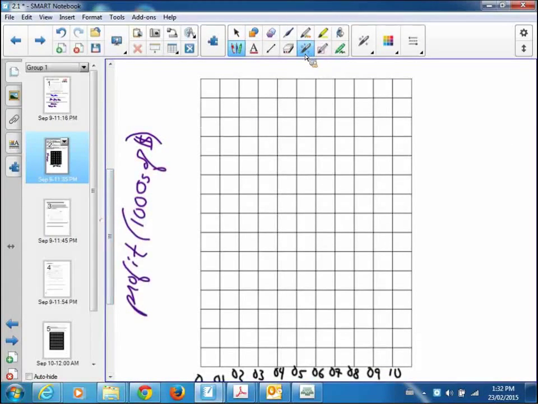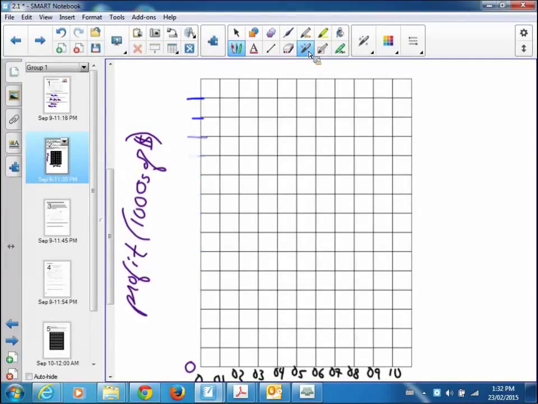If I start with 0 at the bottom, which makes sense, would this work? 5, 10, no. 20, 30, 40, 50, 60, 70. Yeah, it will fit, because we only need up to 65, right?